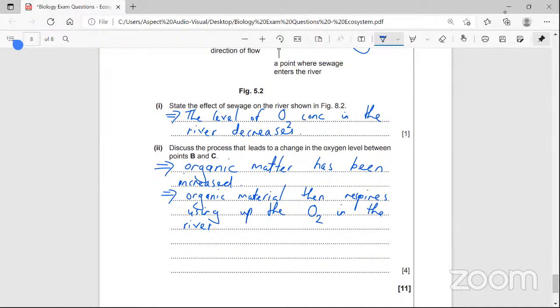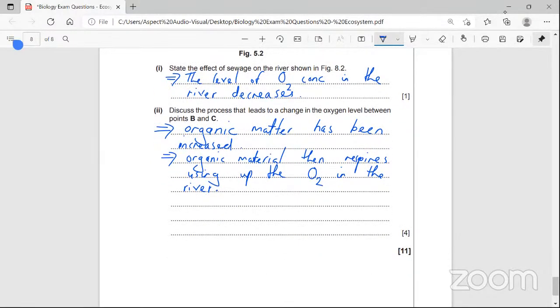Organic material then respires using up the oxygen in the river, lowering the oxygen levels.